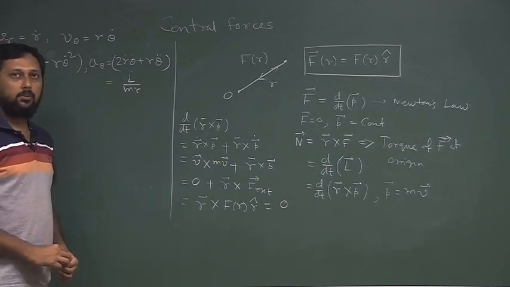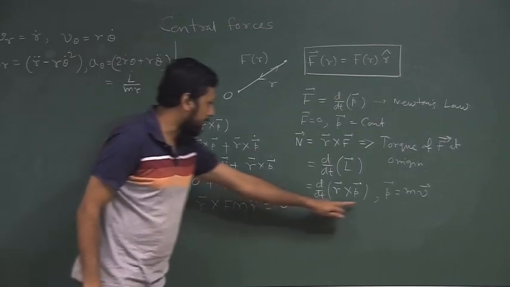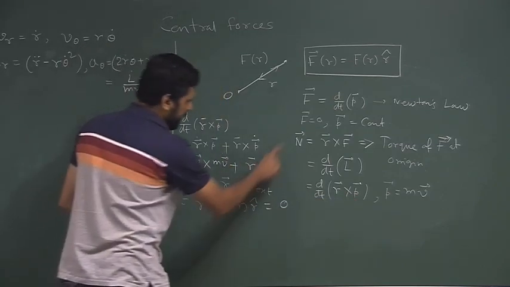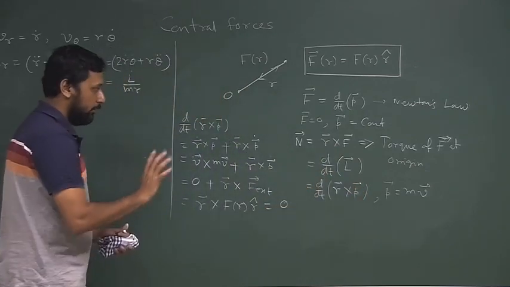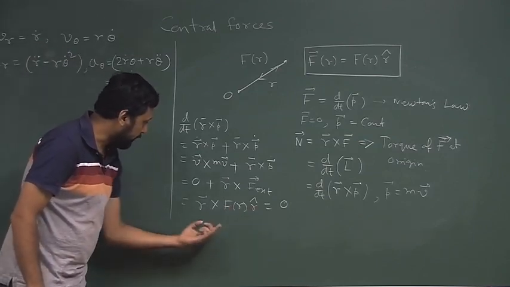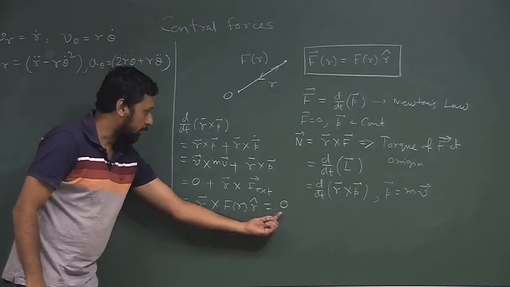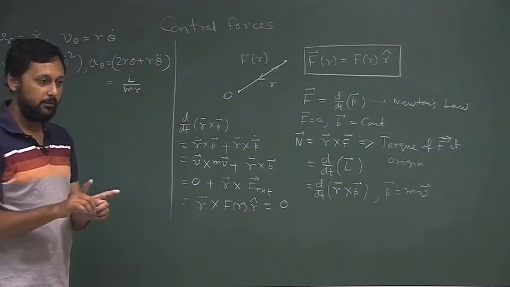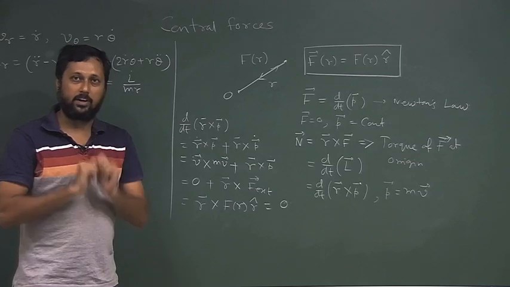So, the right hand side of this equation will always vanish, which essentially means the time derivative of this angular momentum will always vanish for a central force, because we have this particular form of the force which is along r. So, r cross r cap will always give you 0, from basic vector calculus. The cross product of two vectors pointing in the same direction will always vanish.